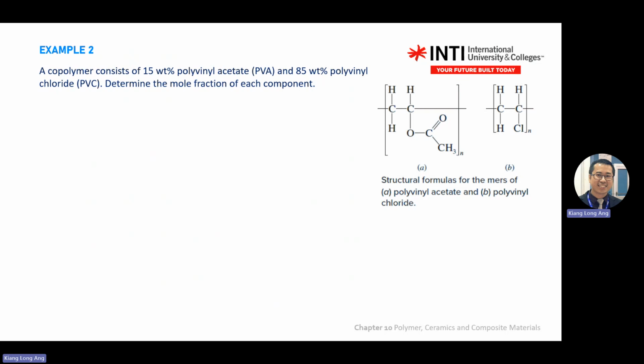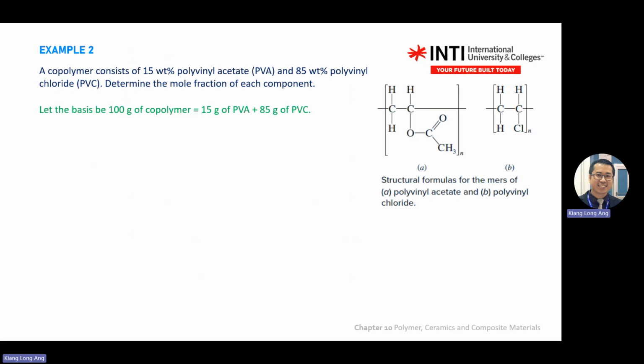So you're given the two molecular structures like this. A is polyvinyl acetate, B is PVC. So it's a combination between these two, 15% of this one, 85% of this one.